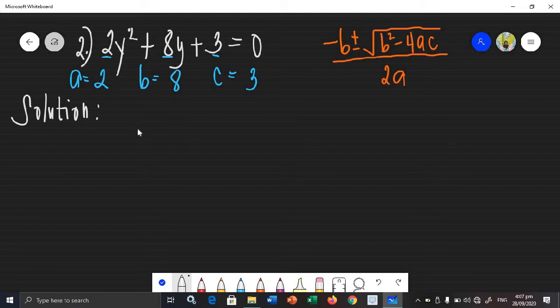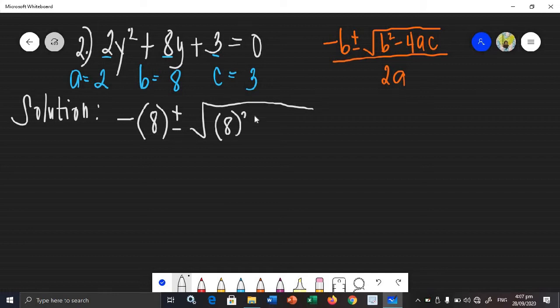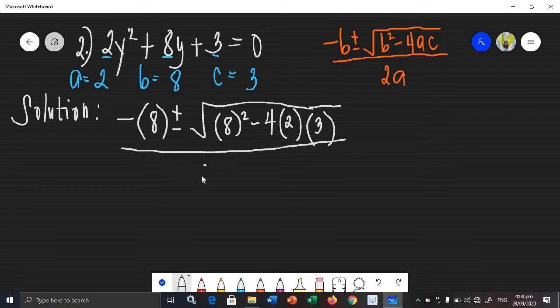I am going to straight up substitute, okay? So, negative, the value of your B is 8. Positive, negative, square root of your B, which is 8, squared minus 4. Your A is 2. Your C is 3. Okay? All over 2A. Your A is 2.